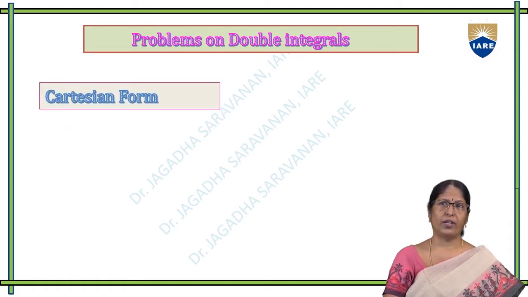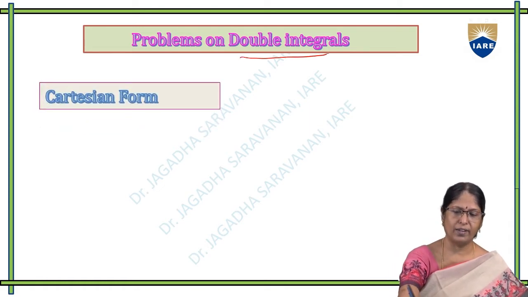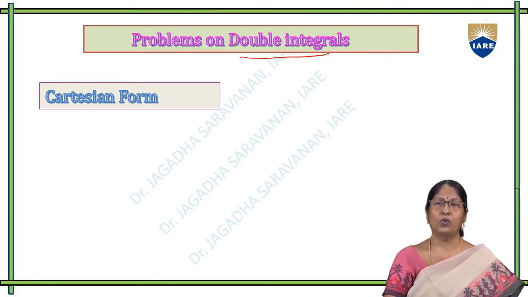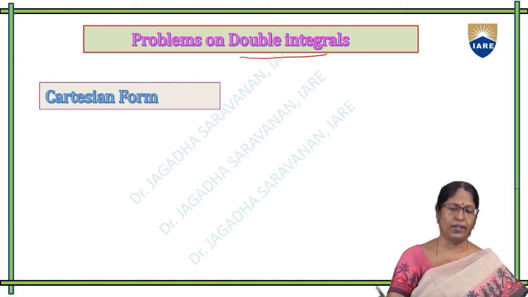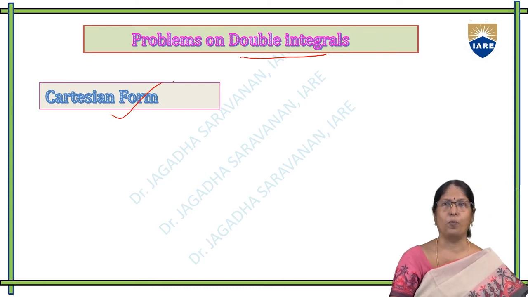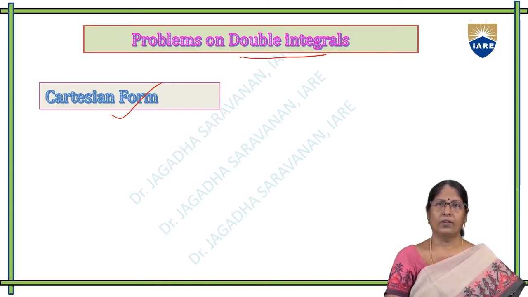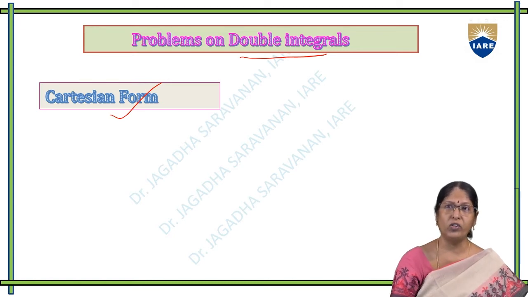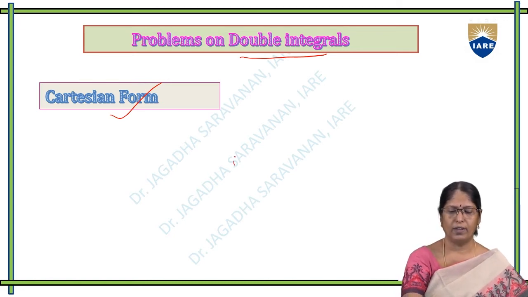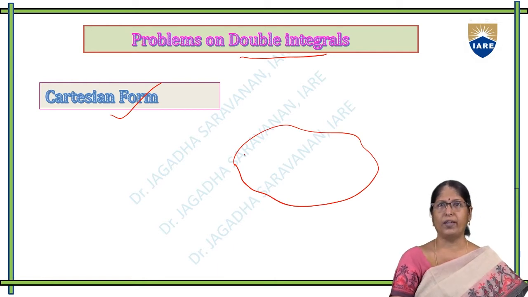The double integral is nothing but finding the area of a particular region in two dimensions, that is, the xy coordinates. Then it is Cartesian form. The basic concept behind this double integral is that a particular region is there.